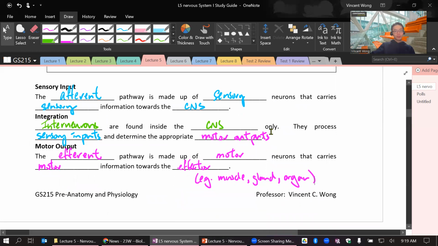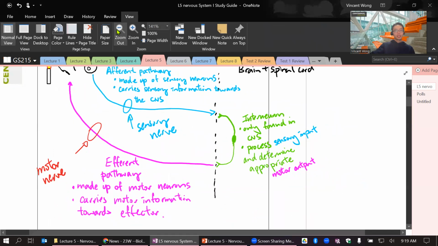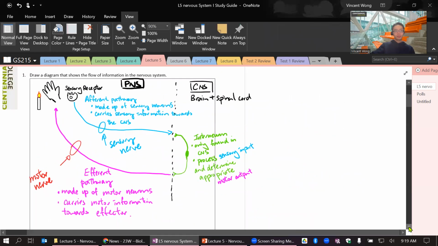So we good with this? We'll talk about this one more time soon. Yeah, go ahead, Thashana. Can you just go back to the notes that you made for efferent? Sure. Yeah, the part about efferent. Thank you. Let me know when you're done with it, okay? We can move on.